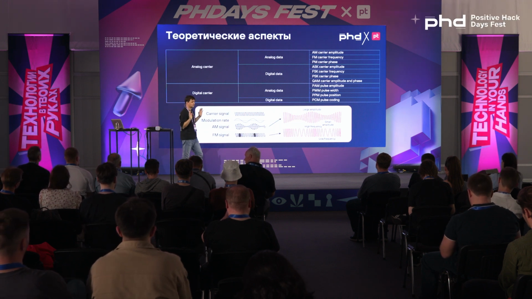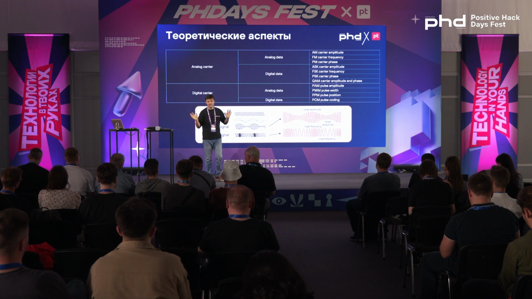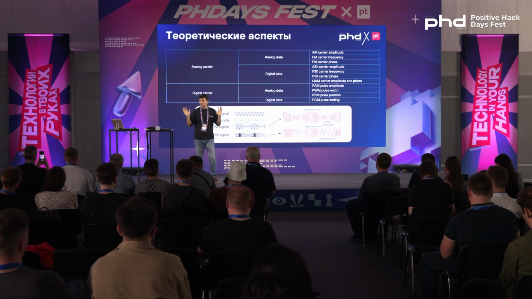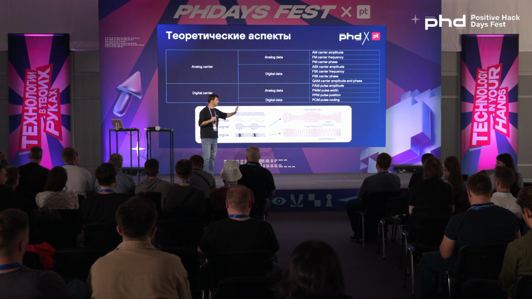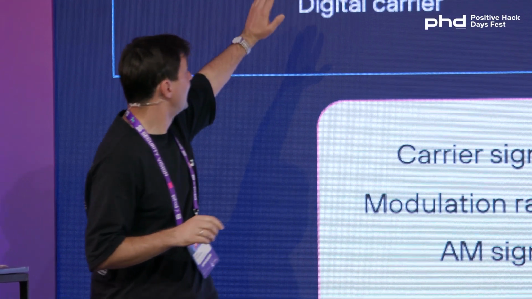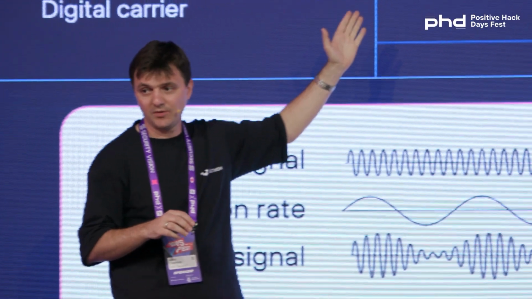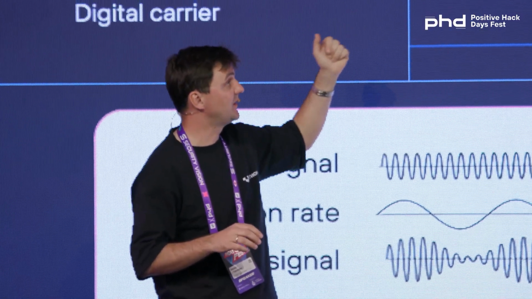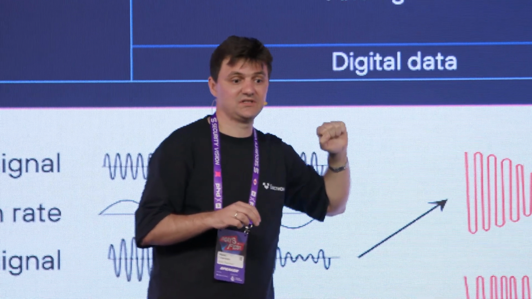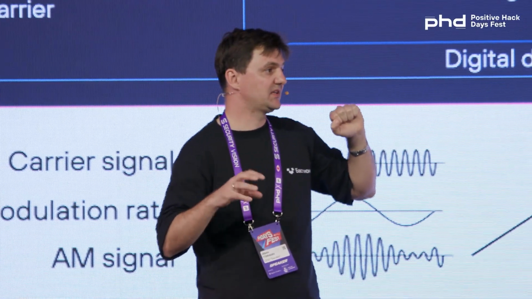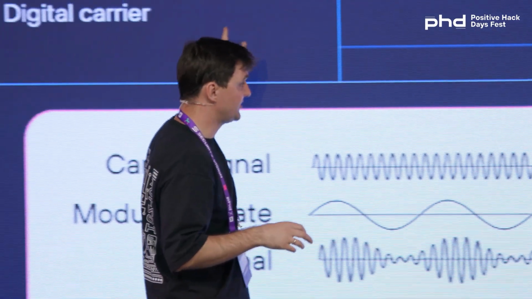Radio waves can be emitted in different ways. Talking about payload, the useful signal, we have a carrier signal, analog or digital. We can have data that we transmit, which can also be analog or digital, and modulation, which is used to transmit payload on the carrier.